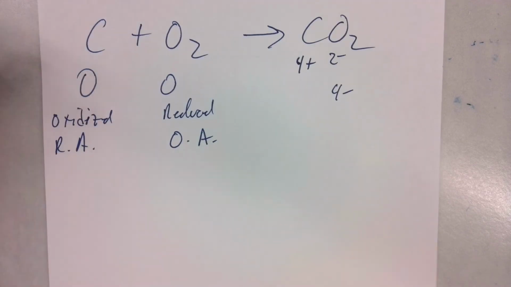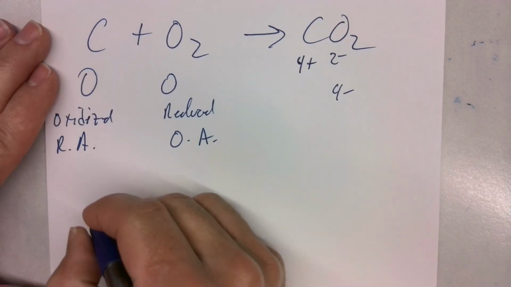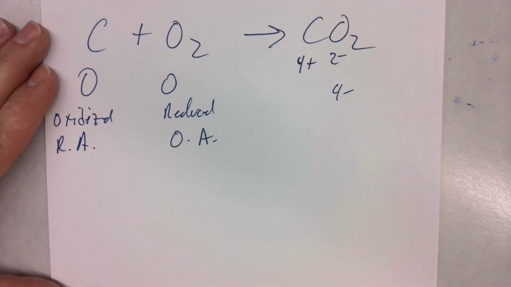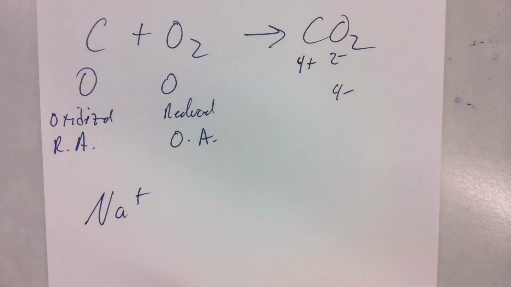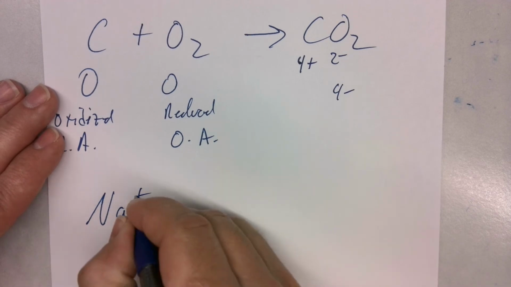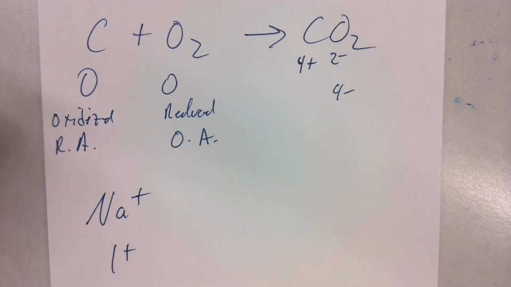Now, if I had an ion, like Na positive, well, it obviously has an oxidation number of 1 positive. And if there's a negative, then it'd be whatever that negative is. So just remember that.